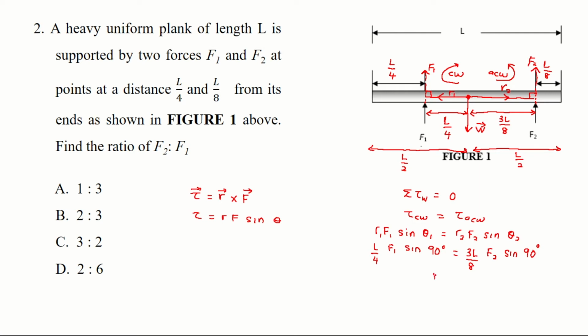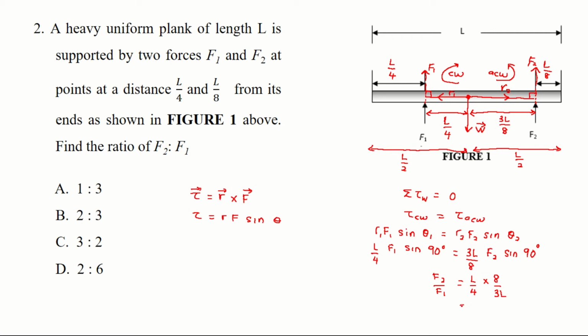So the ratio F2 per F1 equals L per 4 times 8 per 3L.